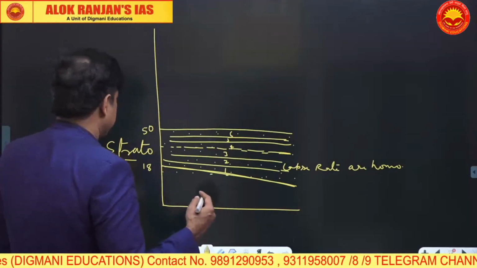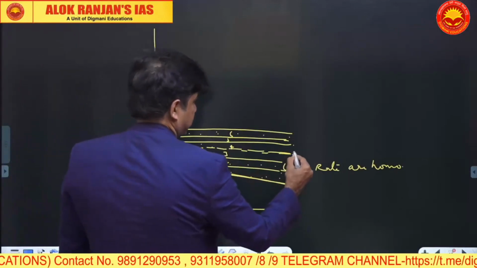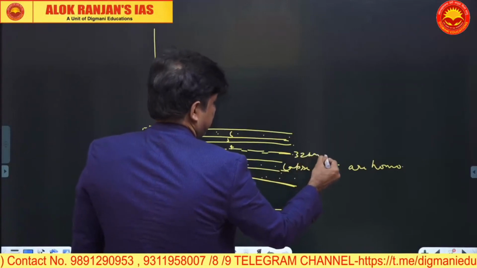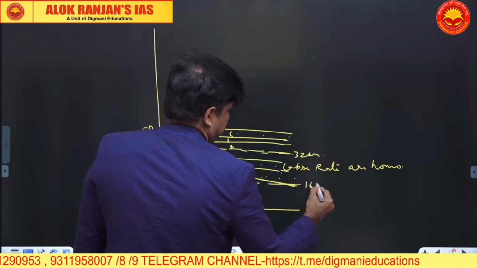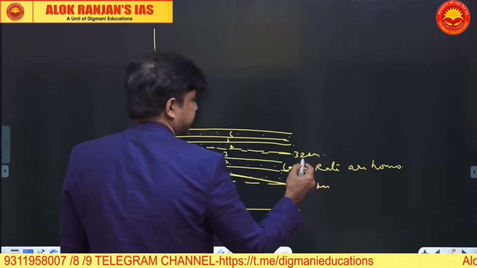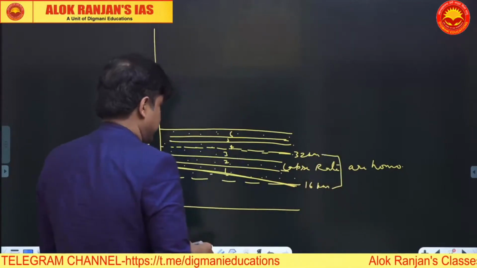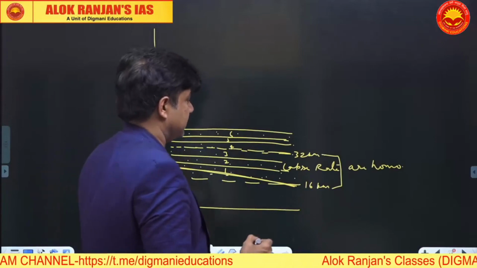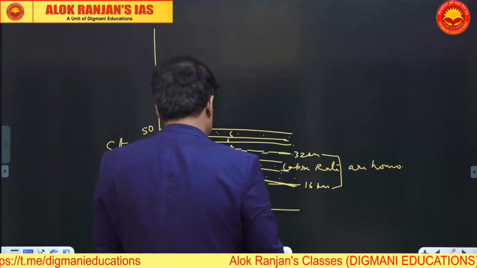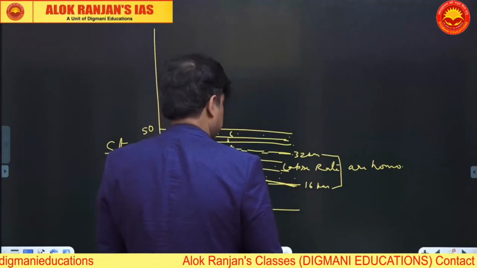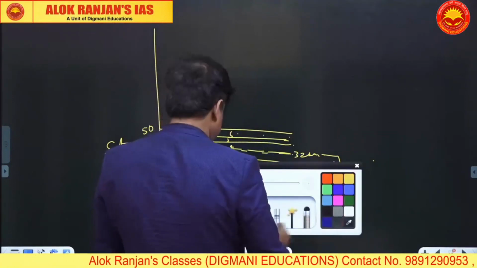Now write: within the stratosphere, between 32 kilometers to 16 kilometers, ozone has maximum concentration.